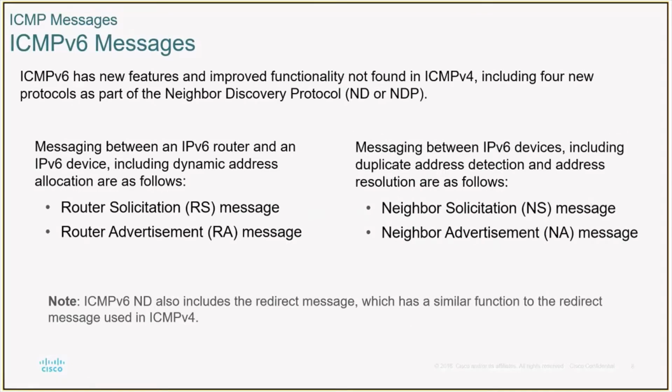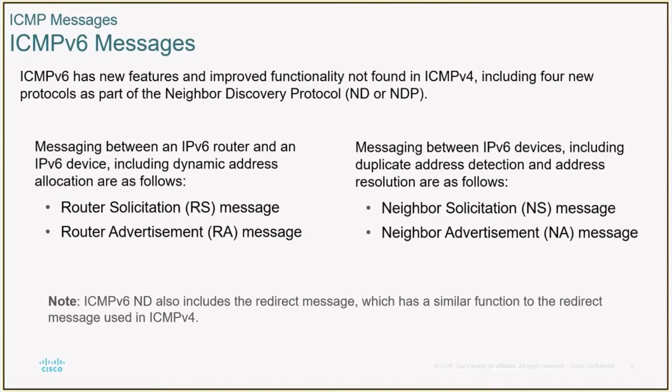Okay, so ICMP version 6 has new features and improved functionality not found in version 4, including 4 new protocols as part of the neighbor discovery protocol set. And so we have mentioned these in the past, and I think we mentioned them in the last chapter. Messaging between an IPv6 router and an IPv6 device, including dynamic address allocation, is as follows.